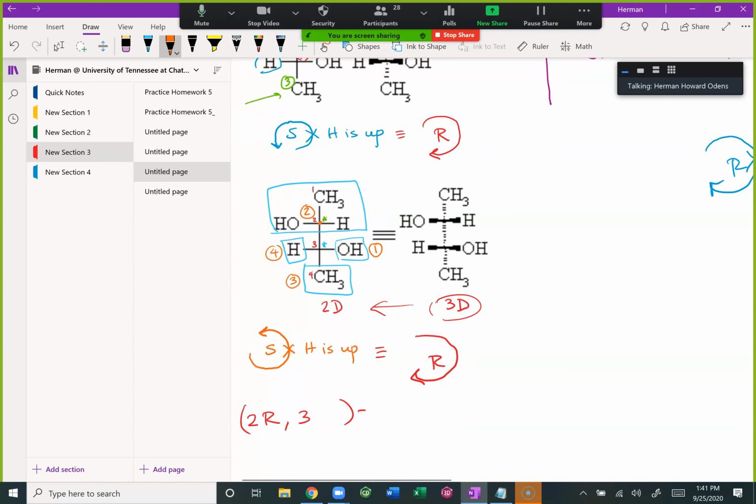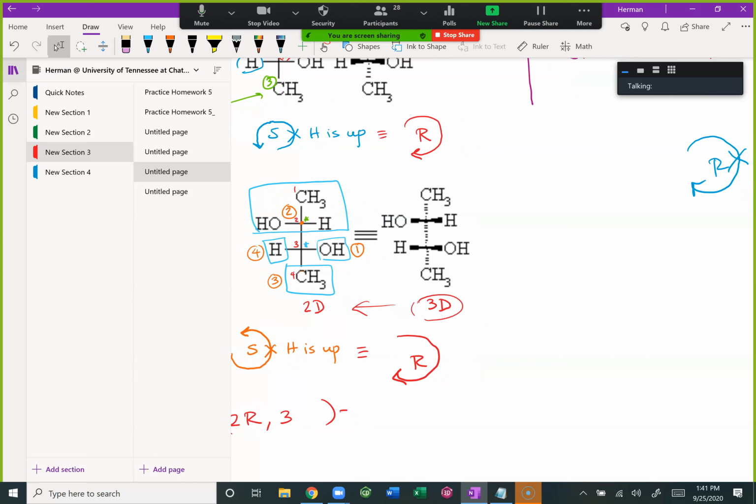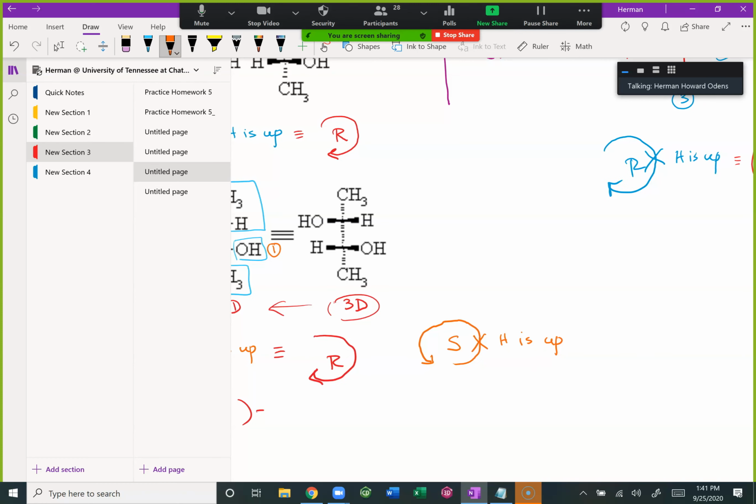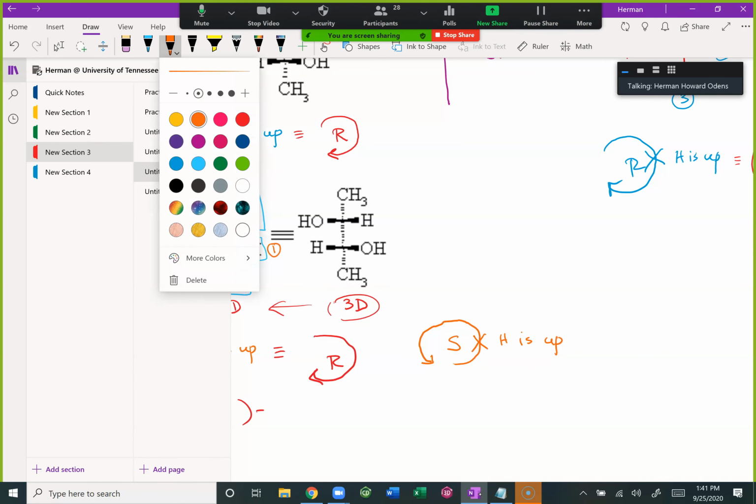So right now I'm looking at 1, 2, 3. It looks like S, but it's not an S because this H right here is up. So therefore, you have an R group there.